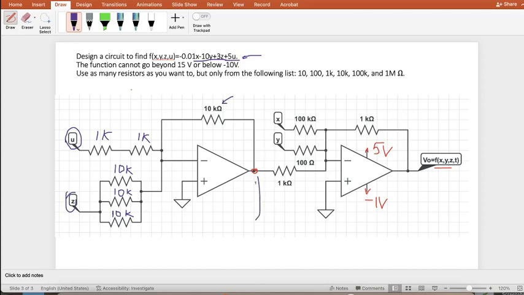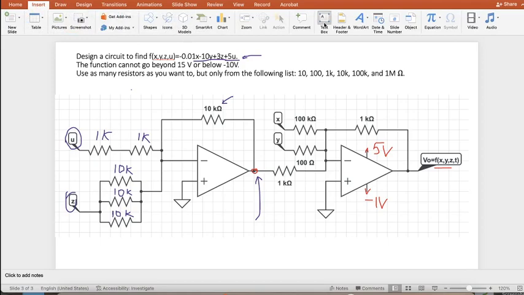One last thing I want to say is that when I grade, I'm going to also look here at what that function is. And it turns out this function g of u and z is minus 3z minus 5u.